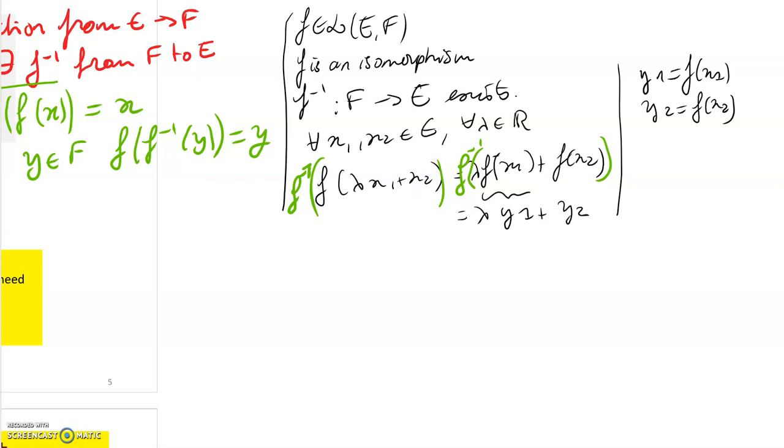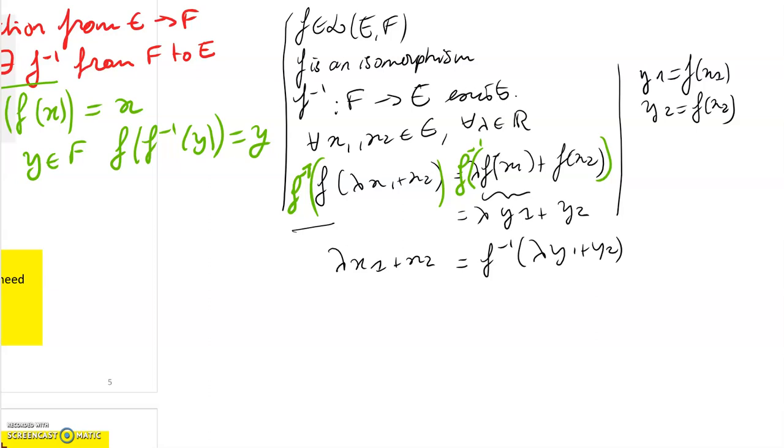So I've got on the left hand side f^-1 applied to f of anything, it just gives me the anything, so that's lambda x1 plus x2, and on the other side it's equal to f^-1 of lambda y1 plus y2.